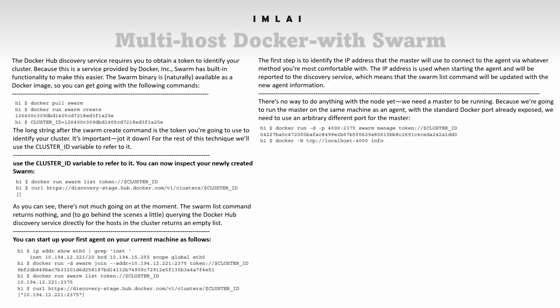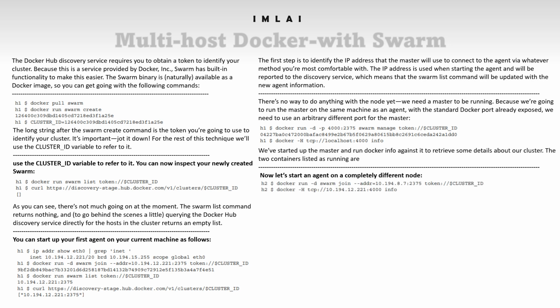Now let's start an agent on a completely different node. For that, again, you give the same command, docker run option d swarm join, for this node which is at the 10.194.8.7 IP address, at port 2375.